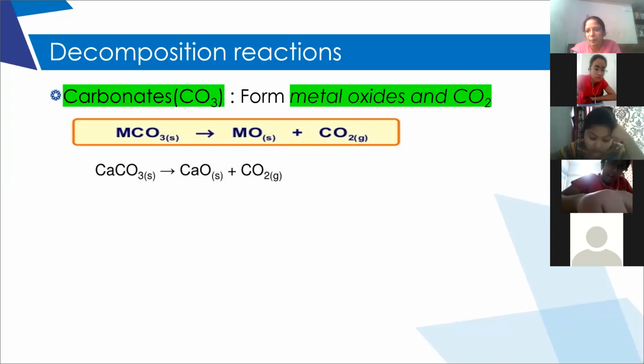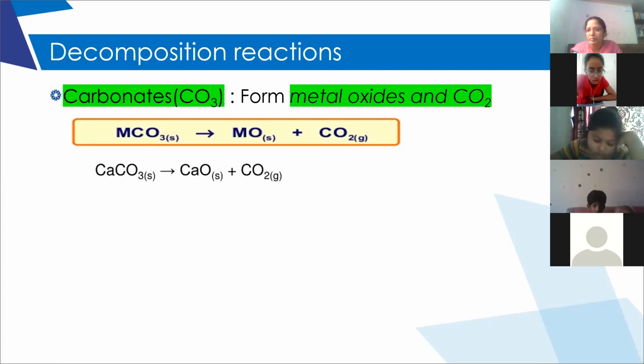Al2(CO3)3 is equal to Al2... It gives aluminium oxide and CO2. What is the formula of aluminium oxide? Al2O3. Al2O3 plus CO2. Metal oxide plus carbon dioxide.